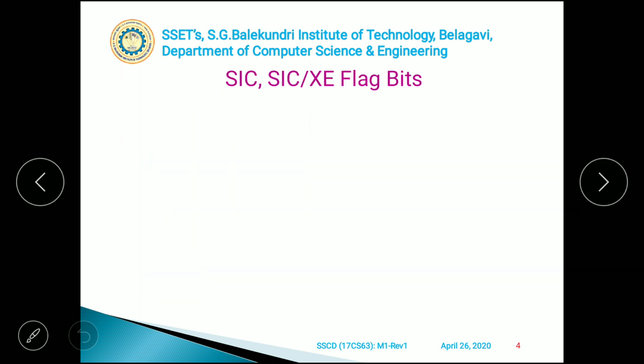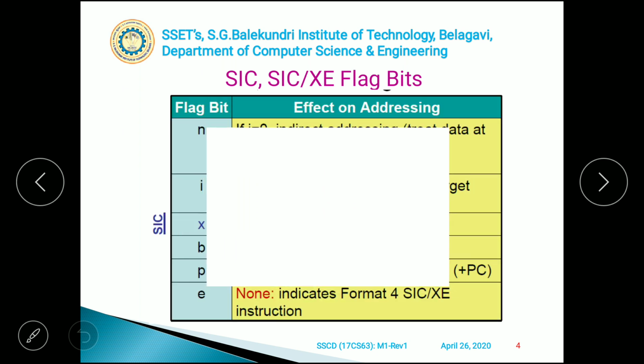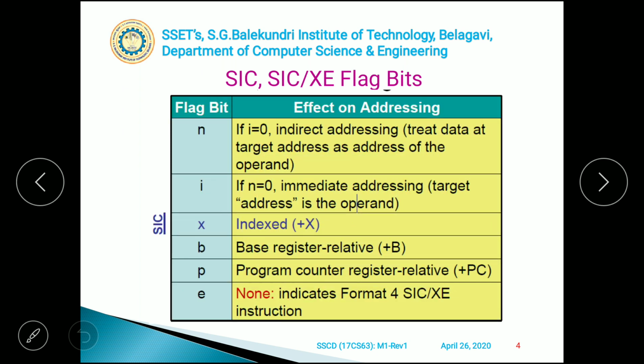Now, as I told you, you have to focus more on the NIXBPE bits. These are the bits which inform the SIC assembler what type of instruction you are going to use. N and I are used when you are using indirect and immediate addressing.